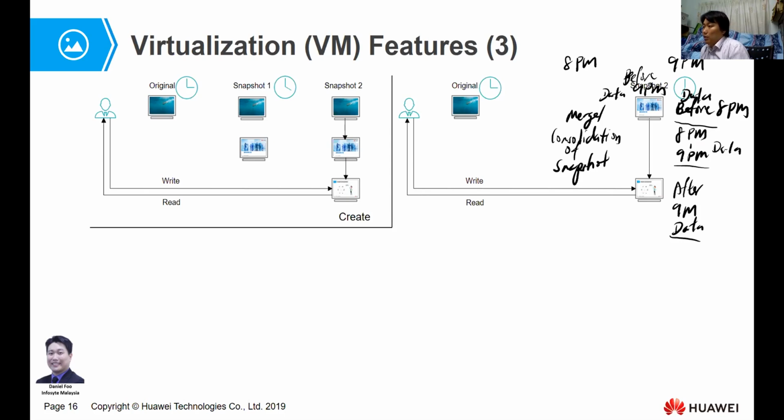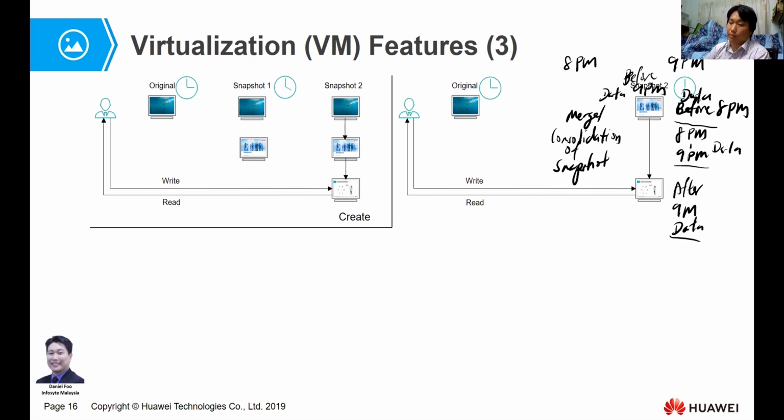Your original disk will serve as read-only for data up to the 9 p.m. state, and data changes and new data that come in after 9 p.m. will still be captured by the delta disk. This is what we call snapshot deletion. When you delete a snapshot, you are basically applying the changes of that delta into your original VHD. When you do a delete, you cannot roll back.